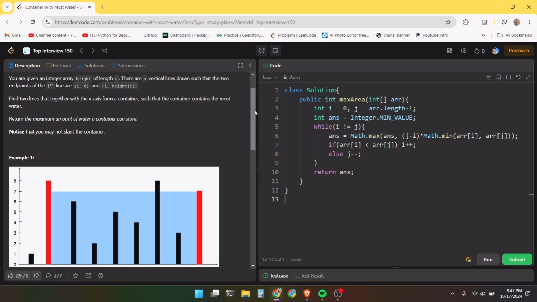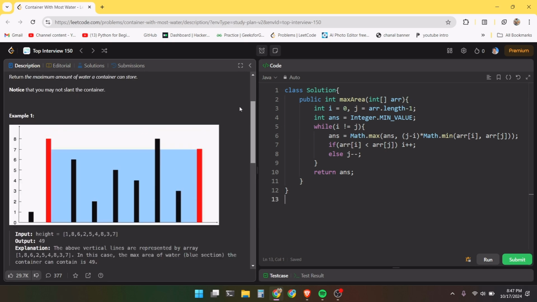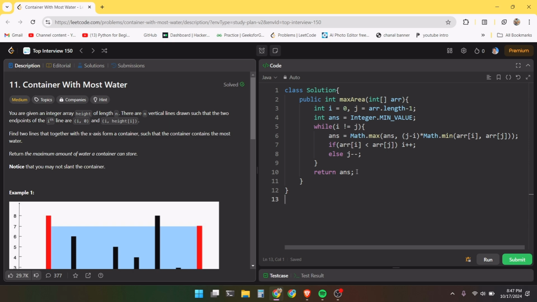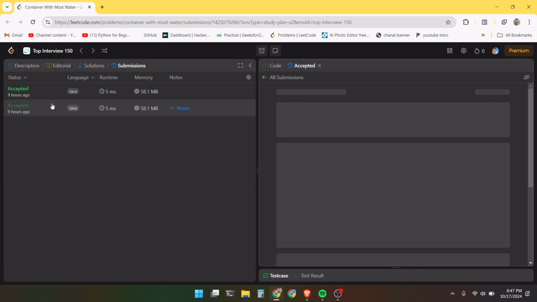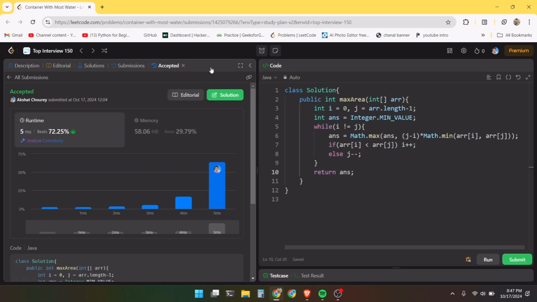So this is a question of two pointers, and this is kind of an easy question, which I have already submitted, by the way. But I don't know why this time complexity is so bad, because only one possible solution is there, and this is what the solution is.